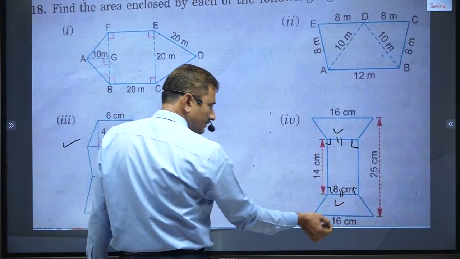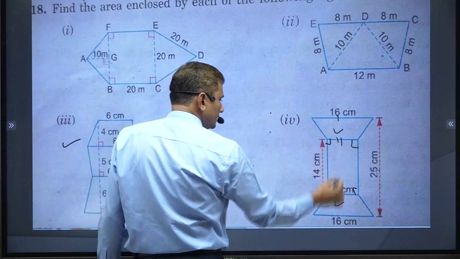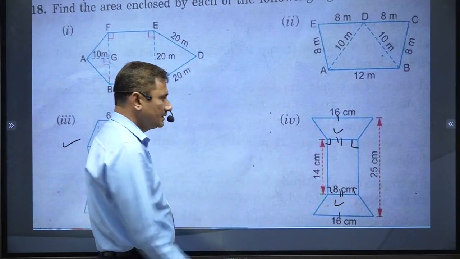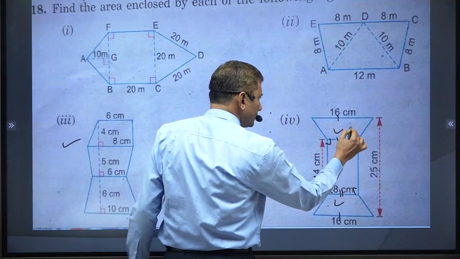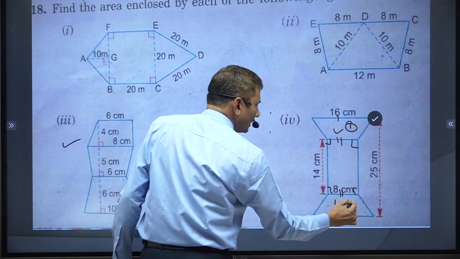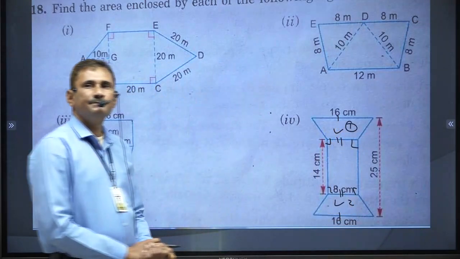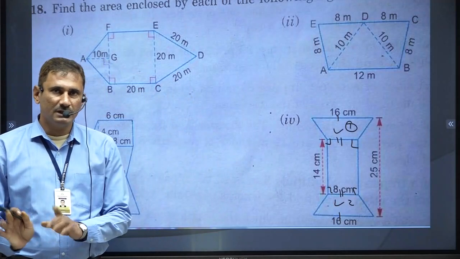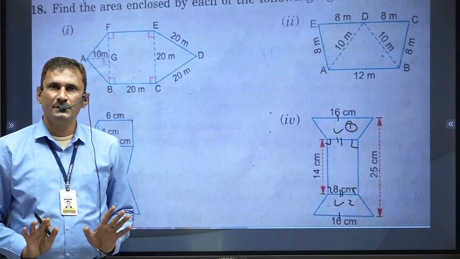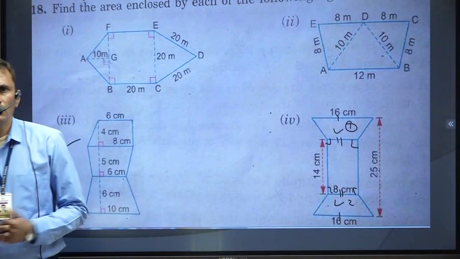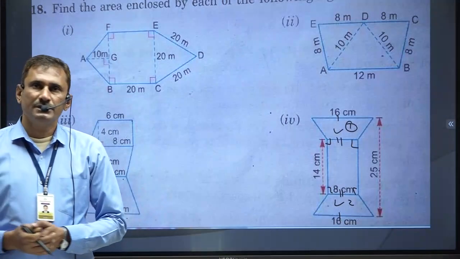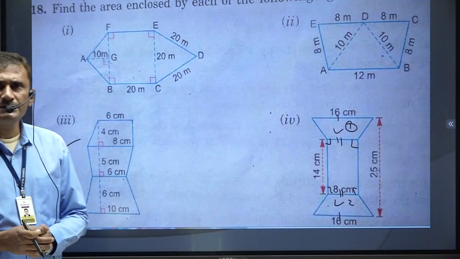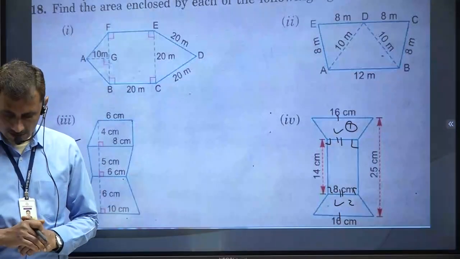These two sides are equal, we assume it. This and this side are also equal, we assume it. Means totally, figures number 1 and 2 are equal, we assume it. And according to that assumption, we found the area and got the answer also. So that's okay. Okay students, I hope you understand my point here. For figures first and second, it is okay.